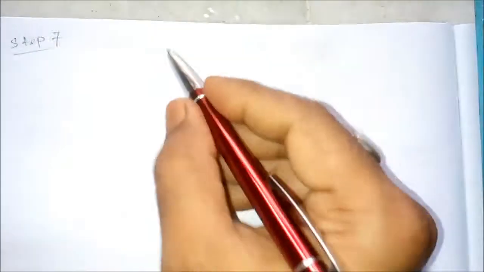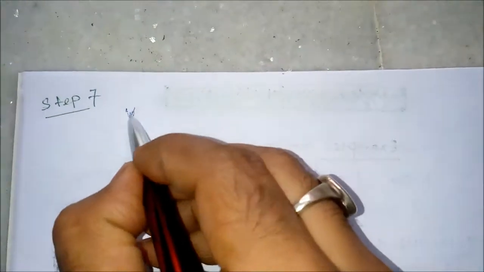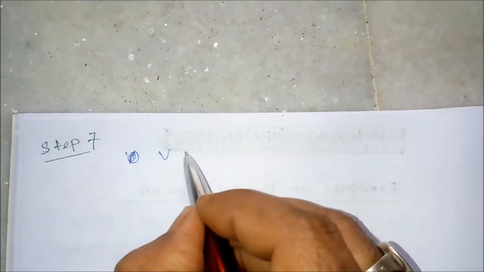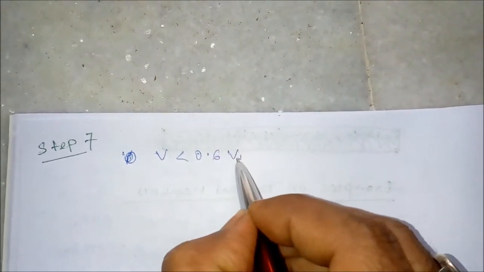So first of all, we need to know whether this is a high shear condition or a low shear condition. What was the condition? Whether the shear value is lesser or greater than 0.6 of Vd.